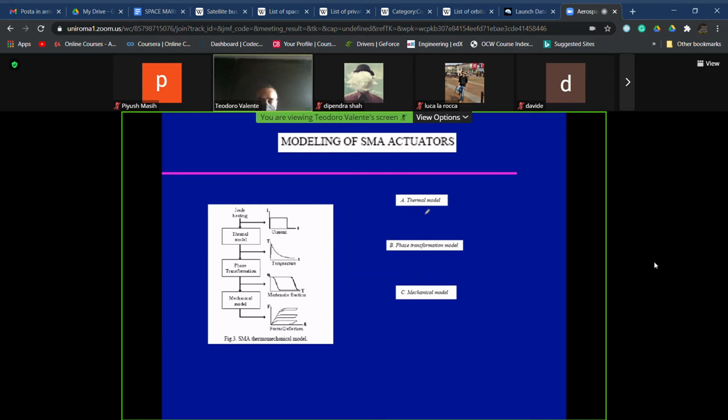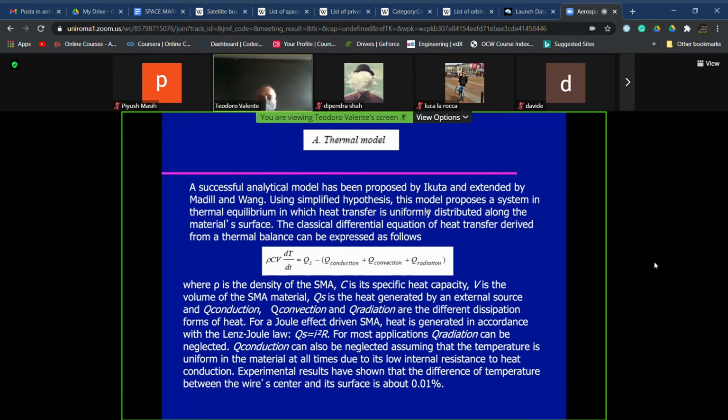And so let's see these three blocks a little bit inside. First of all, the thermal model, the pure thermal model.